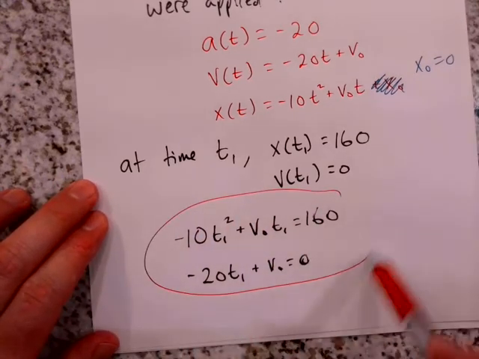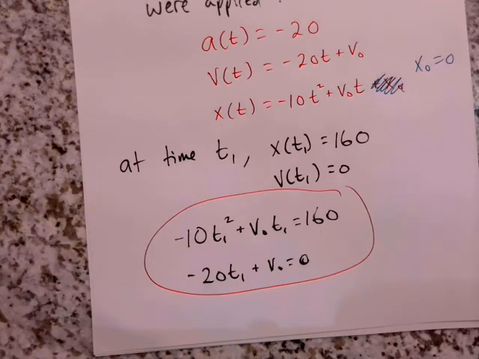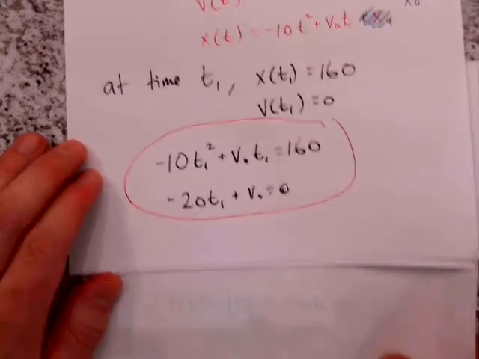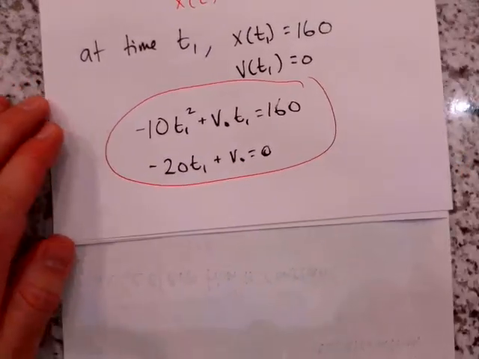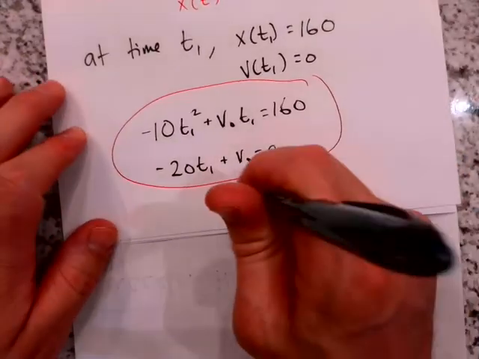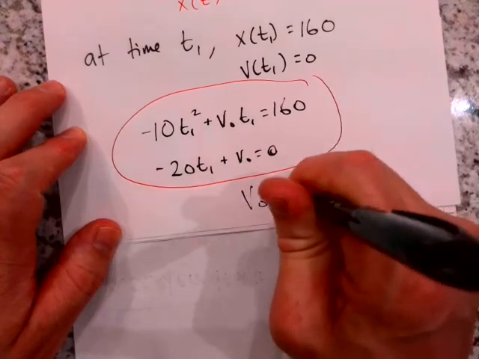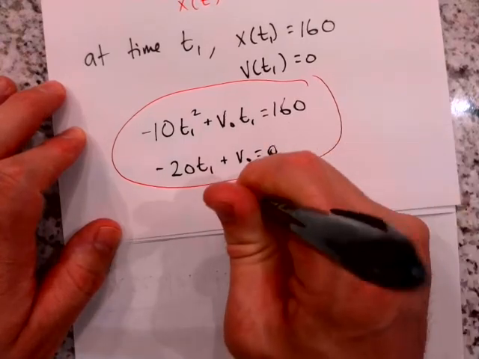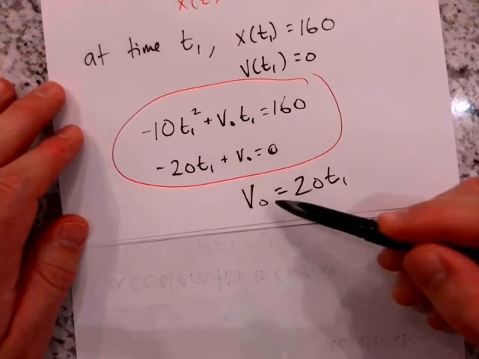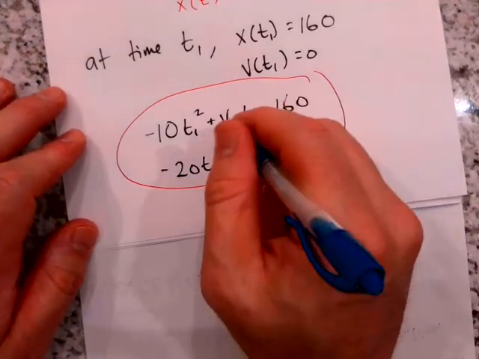And now we have a system of equations. And you can solve this however you would like. The way that I'll solve it is I will solve this equation for v naught. So v naught equals 20 t1. And then plug this into that v naught.